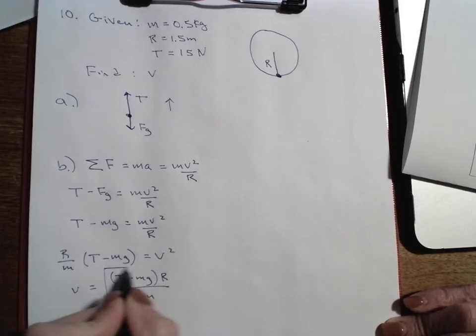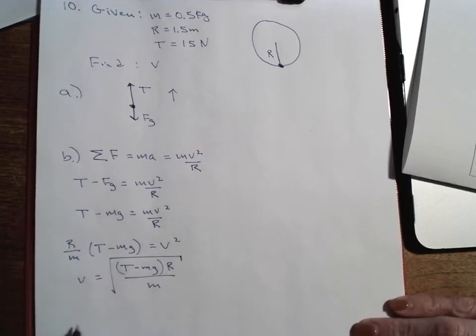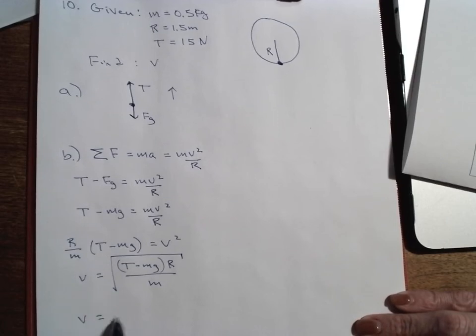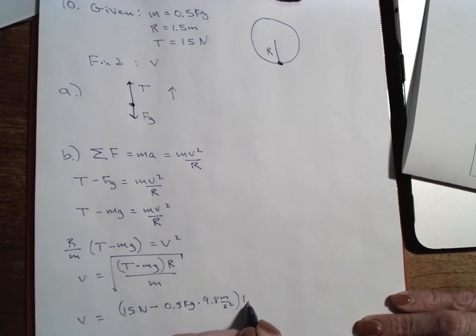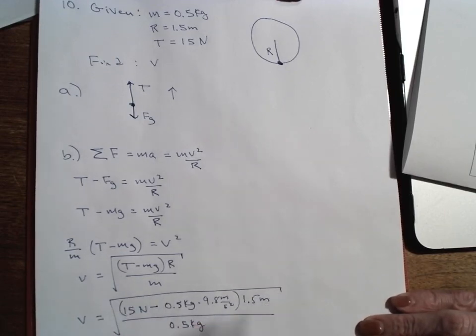So if I want to plug in, V is equal to the square root of (15 newtons minus 0.5 kilograms times 9.8 meters per second squared) times the radius, which is 1.5 meters, divided by 0.5 kilograms. I'm taking the square root. So the velocity is equal to 5.5 meters per second.